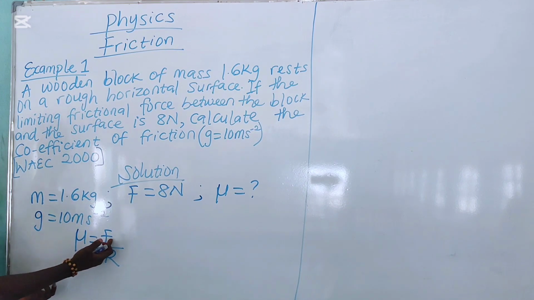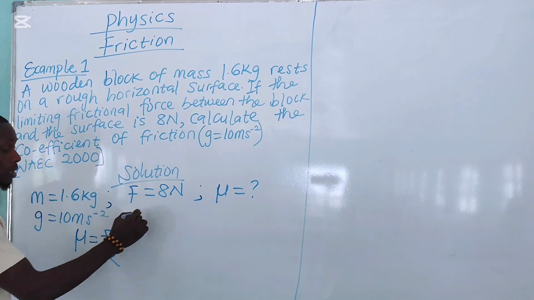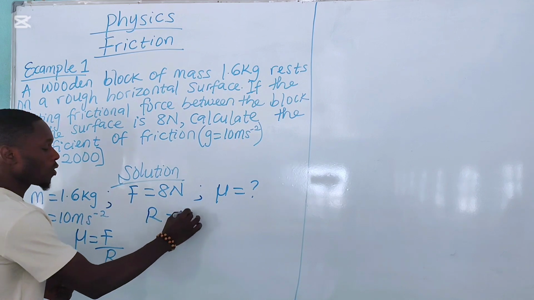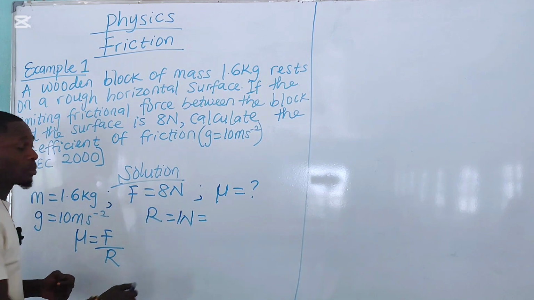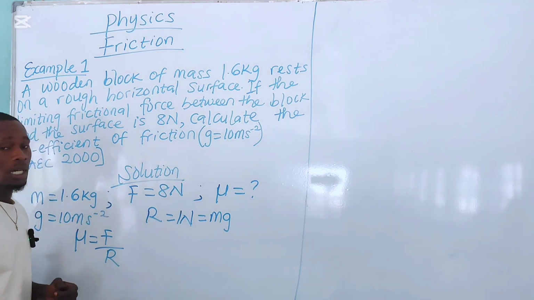Okay, so we have our frictional force, but we don't have our normal reaction. So we need to find our normal reaction. So how do we get our normal reaction first? Recall that your normal reaction is equal to the weight of the body. And the weight of the body is the product of the mass times acceleration due to gravity.